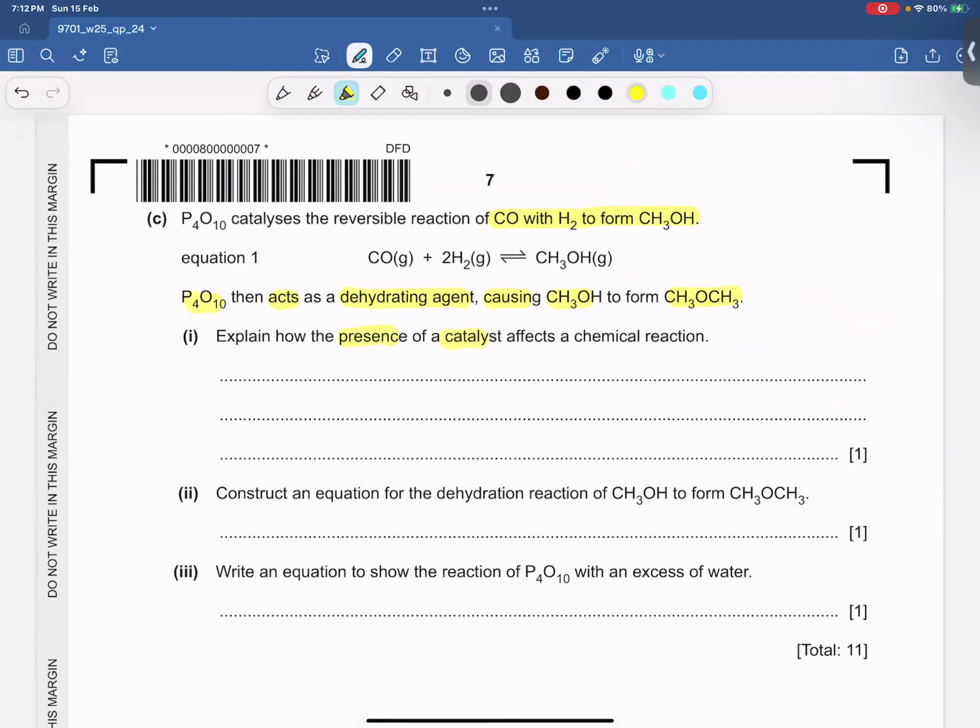Explain how the presence of a catalyst affects the chemical reaction. Yeah, a catalyst lowers the activation energy by providing an alternative pathway.